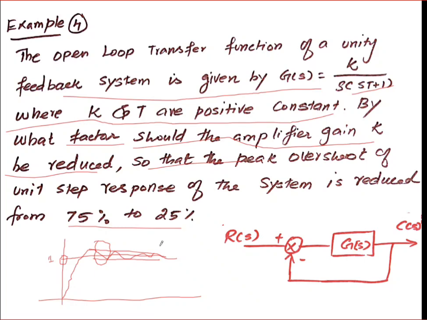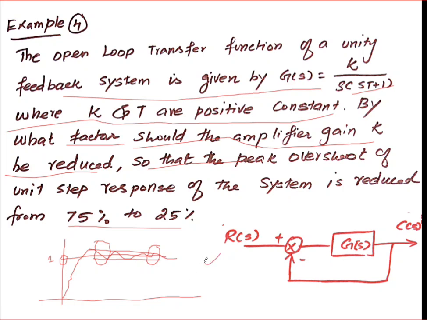Initially you can assume that this is around 75%. In which condition will the peak overshoot reduce from 75% to 25%? Actually it should be equal to 0, because then the response is 1. But because of the nature of the components in the control system, the response may oscillate between a maximum peak value and a minimum value, and it will reduce, assuming the oscillation becomes 0 as t tends to infinity.